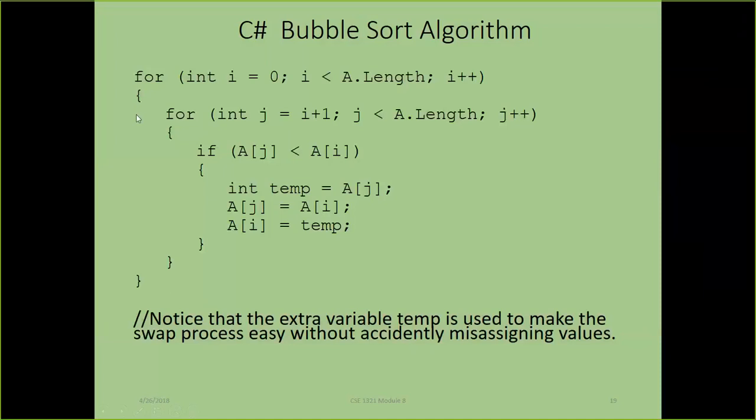So here you see within the if body, we are using a temp variable. Can anyone please tell me why I need to use this temp variable? Yes, we need to swap, since we are comparing these two values from the edges of the bubble.